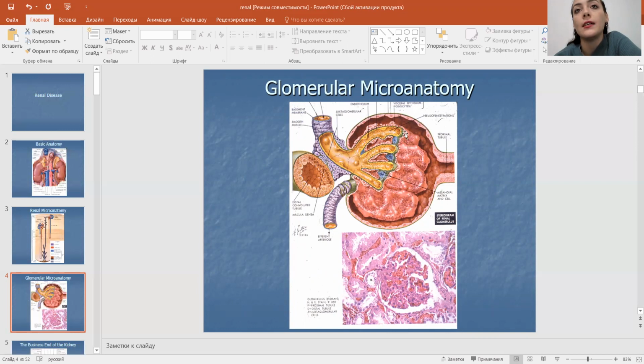It is around the basal membrane of the capillary. This is the afferent artery, which enters into the glomerulus, including endothelial cells. You can see endothelial cells.